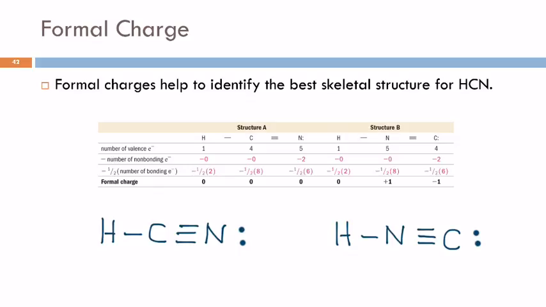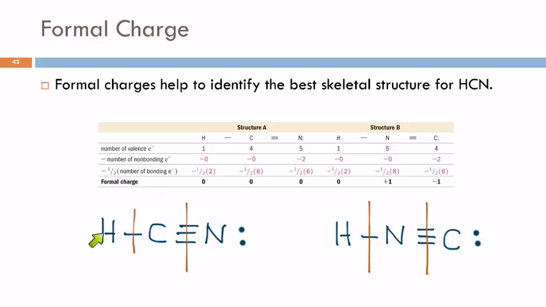So what formal charge does is it says, well, let's look at this hydrogen atom. The hydrogen atoms don't end up causing any trouble at all, but we'll look at them anyway. The way I look at formal charges is I just draw a line through all the bonds, splitting them equally.